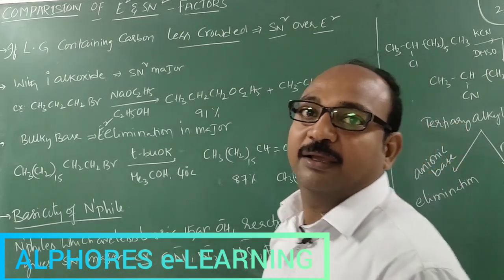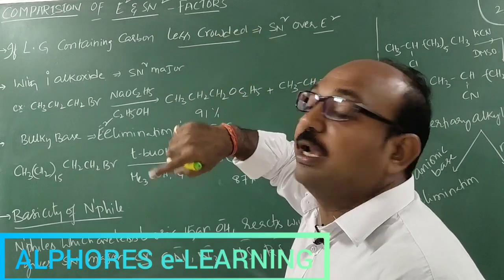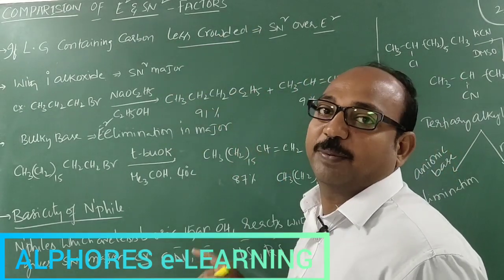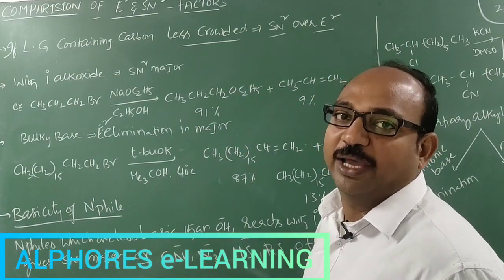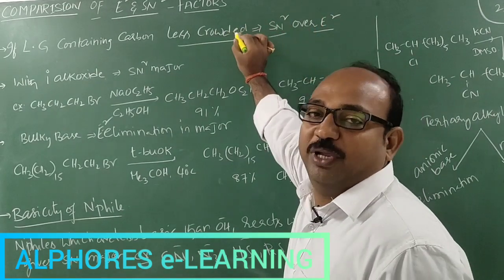Rear side attacking with respect to the leaving group, at a 180 degree angle, means to minimize the repulsion. So simply for SN2, rear side attacking is required. For rear side attacking, obviously the crowd must be less.